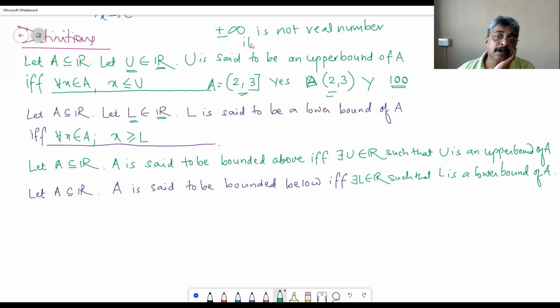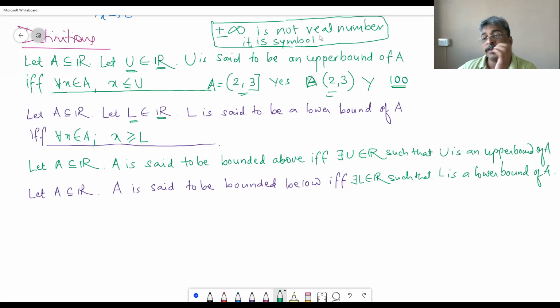It is a symbol that we use for writing. The meaning of that is: you give me a number, I give you a bigger number than that. That is plus infinity. That is the concept. It is not a real number, so we should not use this sign for representing a real number anywhere in our writing.